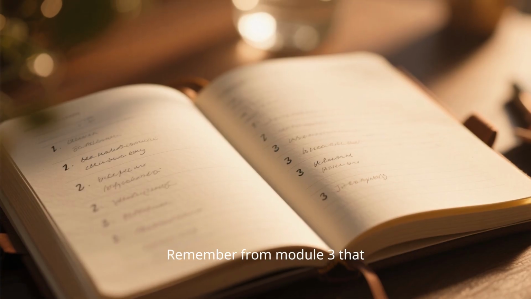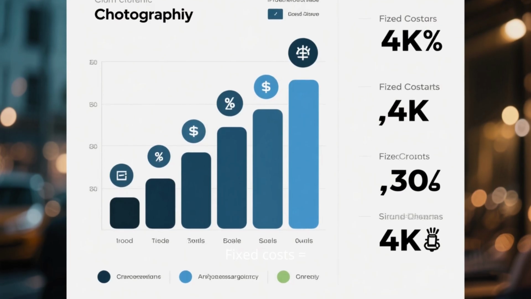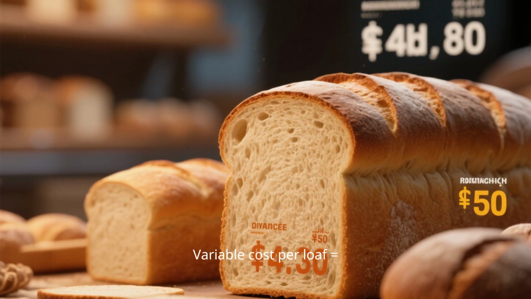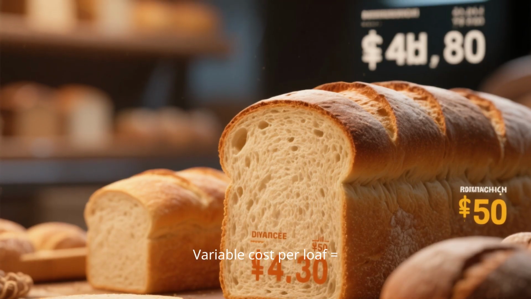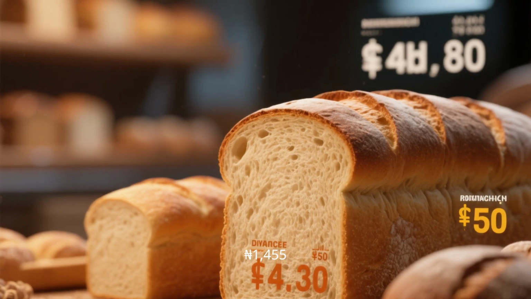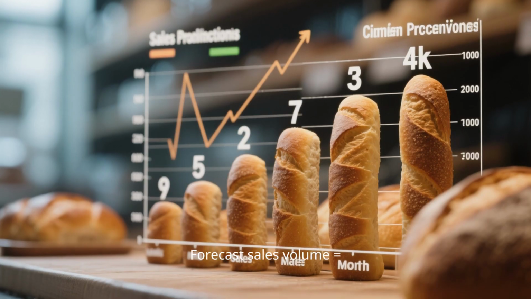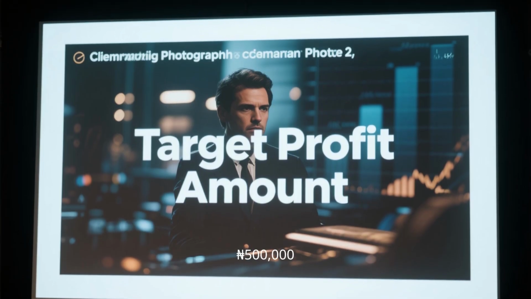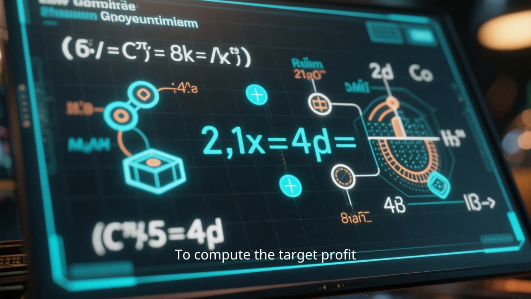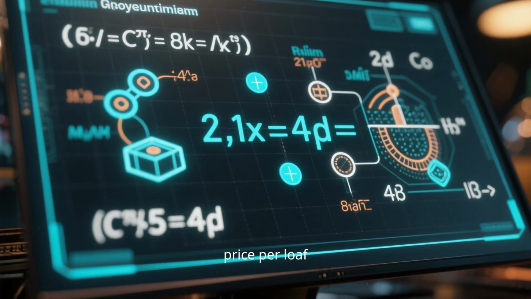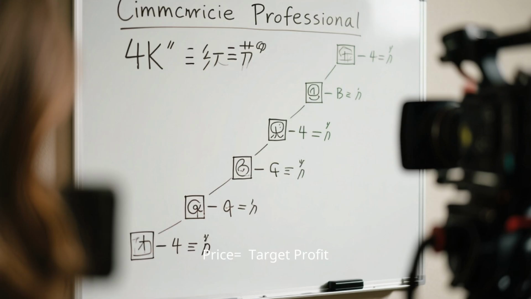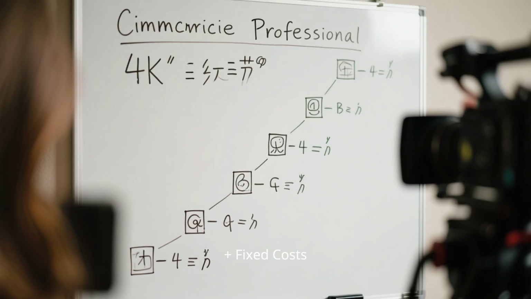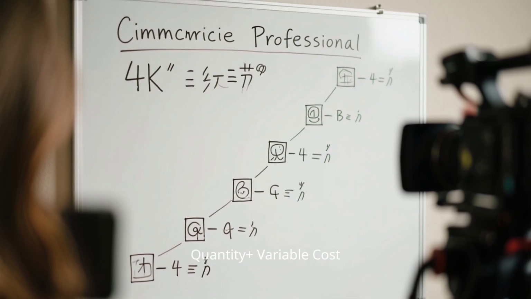Remember from Module 3 that fixed costs equal 1,625,000 Nigerian nairas, variable cost per loaf equals 1,455 Nigerian nairas, forecast sales volume equals 2,000 loaves, and target profit equals 500,000 Nigerian nairas. To compute the target profit price per loaf, we use the formula: price equals target profit plus fixed costs, divided by quantity, plus variable cost.